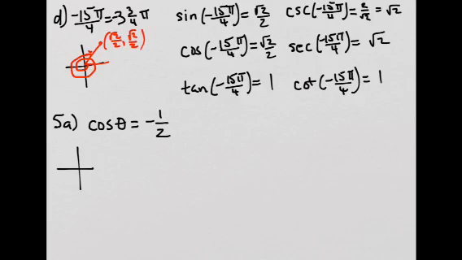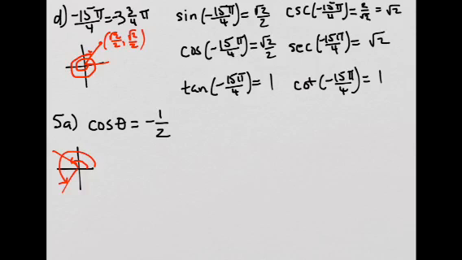Alright, so for number 5 actually, they want the solutions in both degrees and radians that make this equation true. So we know that cosine is negative in quadrants 2 and 3. So we're looking for this angle, and then we're looking for this angle right here.